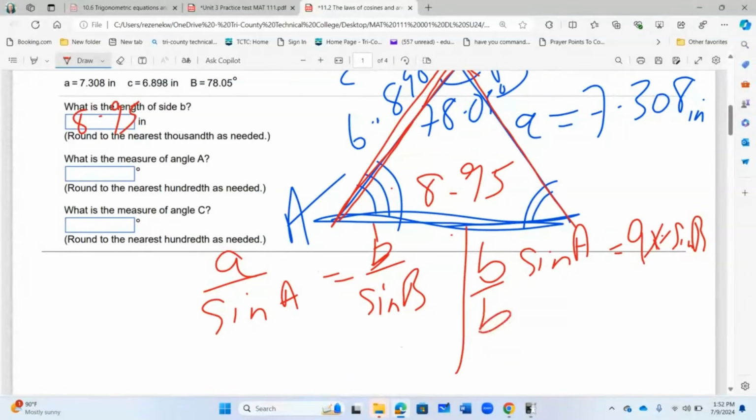I already have B. So I have sine A is equal to, what is my A?